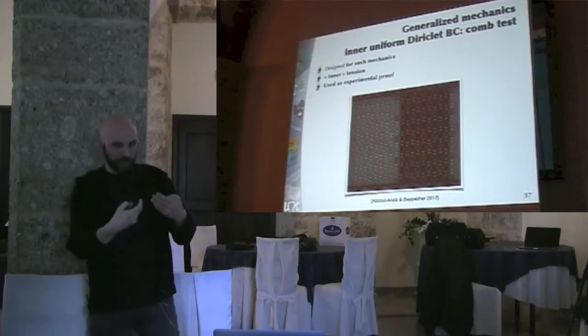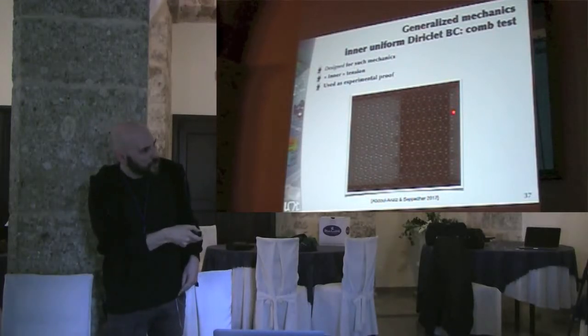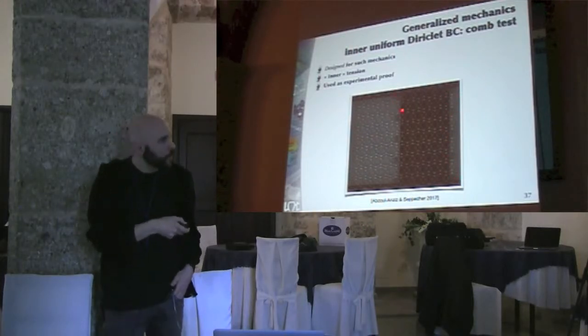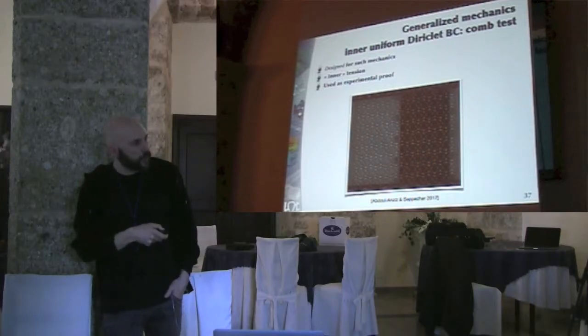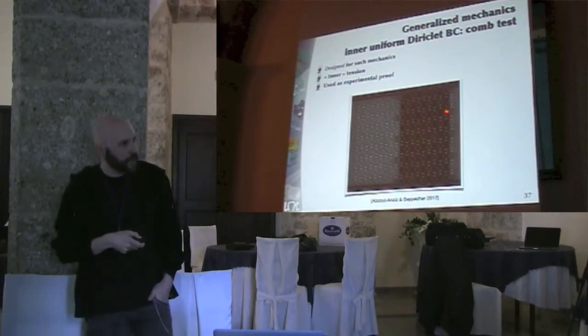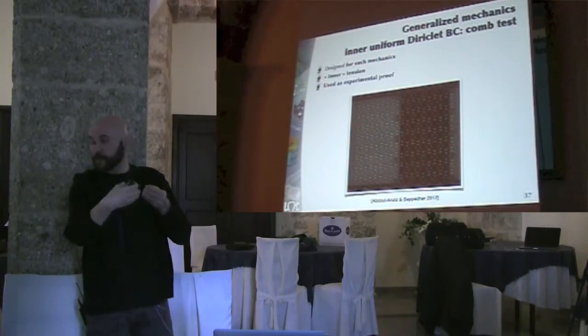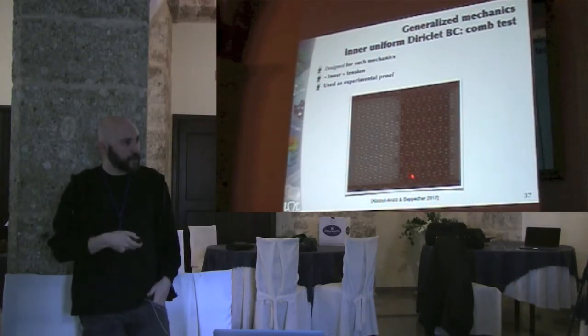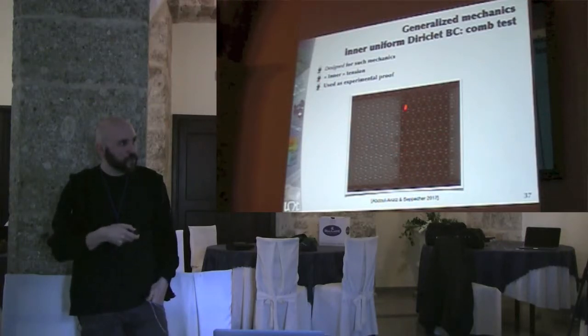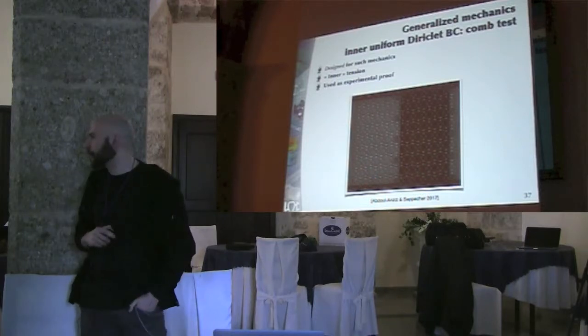You've got two combs with teeth, one here, here, here, and one here, here, here. You've got a sort of pantographic structure, and then you are applying uniform tension. And instead of measuring the displacement between the two combs, you are measuring the displacement out of this zone. This is very clever.